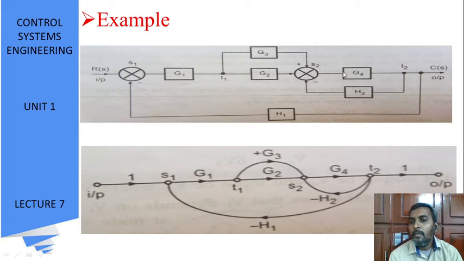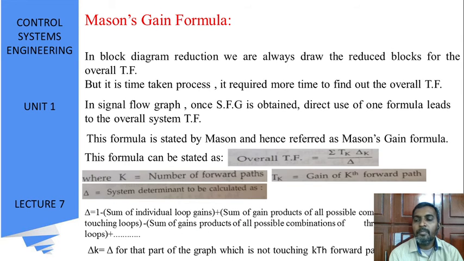In the forward path we connect G4 to terminal T2, and from T2 we give negative feedback to the summing point with minus H2. The terminal T2 is connected to the output with a gain of 1, and this terminal T2 is given as feedback to S1 with a negative sign, therefore minus H1.